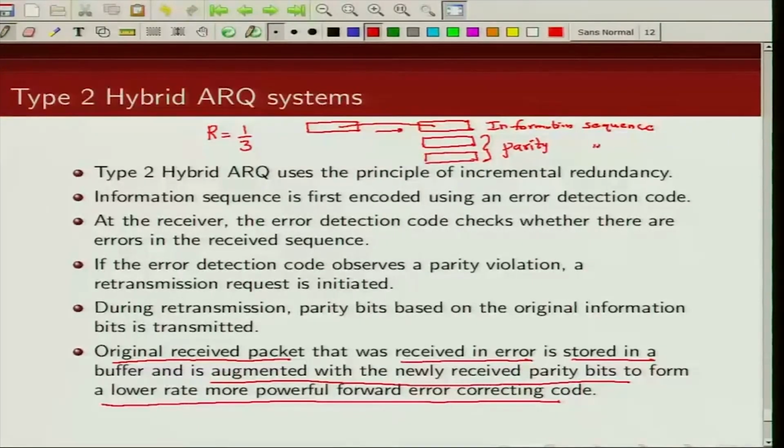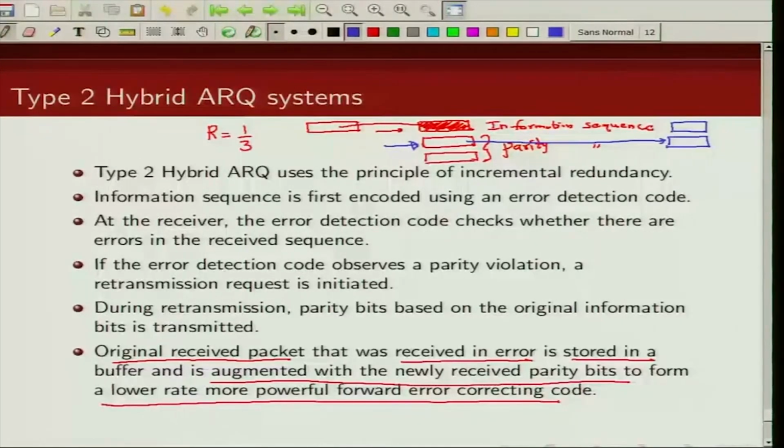Now in type 2 hybrid ARQ scheme, you are sending the information sequence first. Now if the error detecting code finds out that these information bits are in error, in the first retransmission you are going to send these parity bits. Now at the receiver, what you are going to do is, you already had these information bits that you received at the first transmission. Now to that you add this parity sequence.